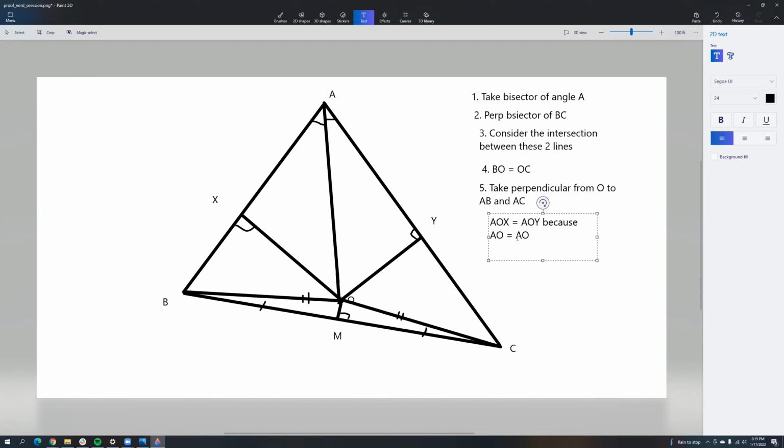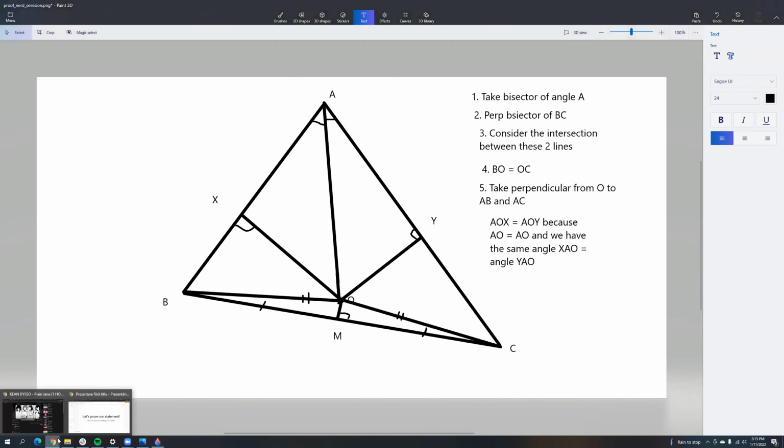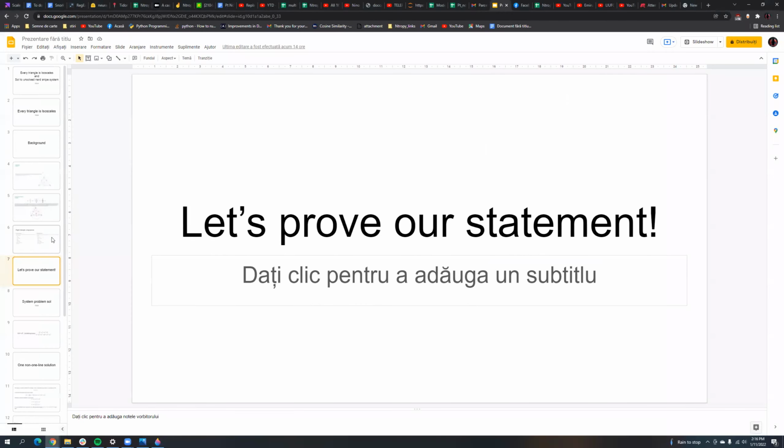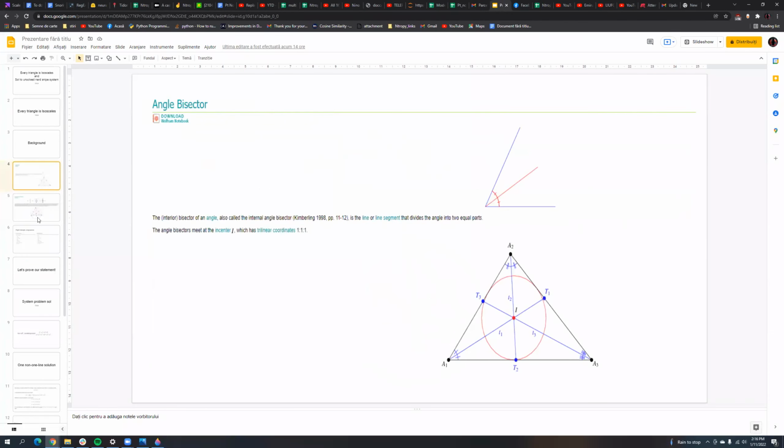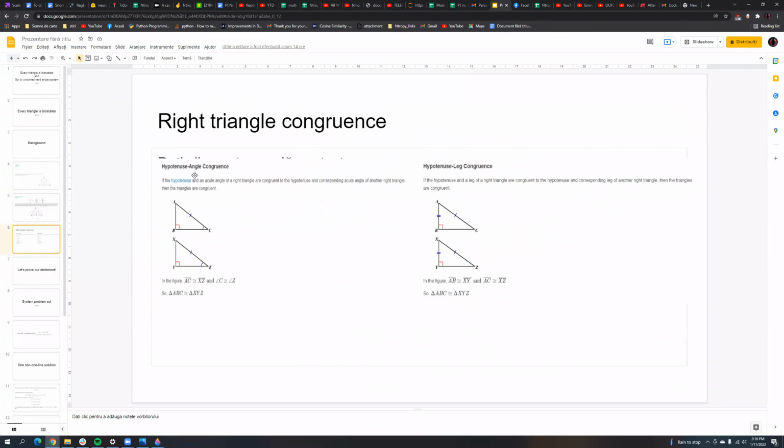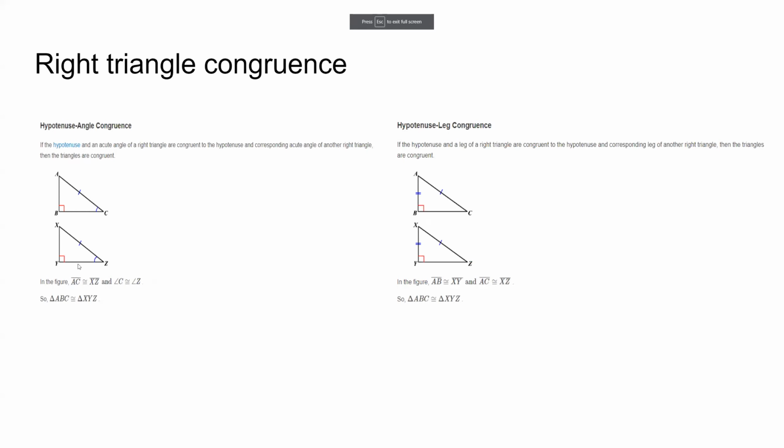So we have the same hypotenuse, and we have the same angle, XAO equals angle YAO. If we go back to the congruence, it's basically the first lemma.